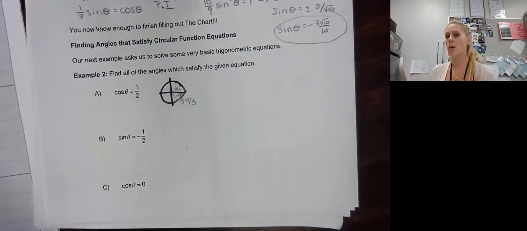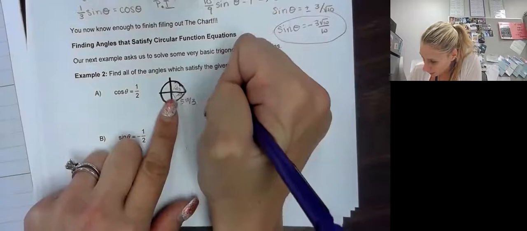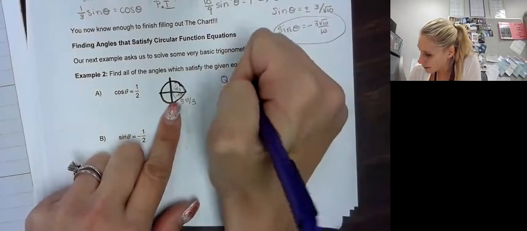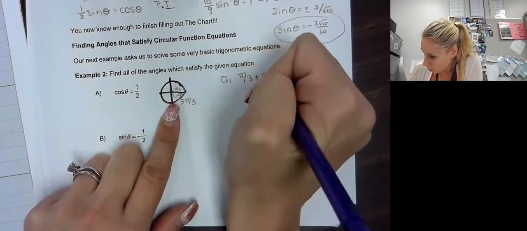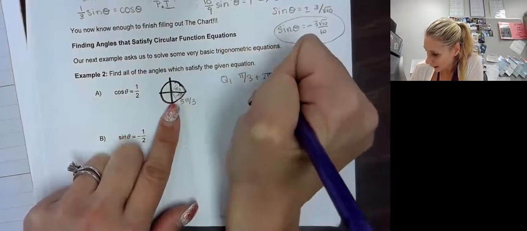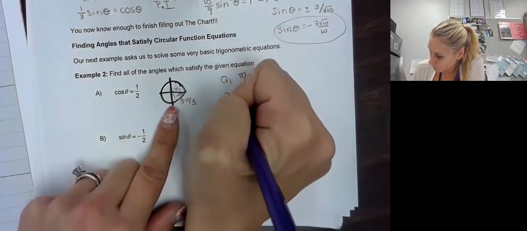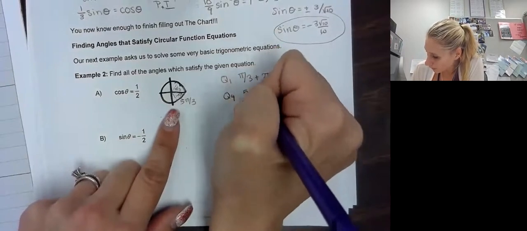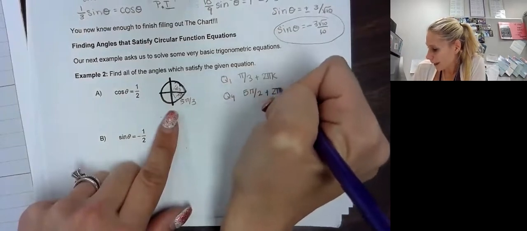So we need to talk about what if there's a bunch of rotations. Just like we started before, to get all the values that end up in quadrant 1, we would get pi over 3 plus 2 pi k. For quadrant 4, we would look at 5 pi over 3 plus 2 pi k.